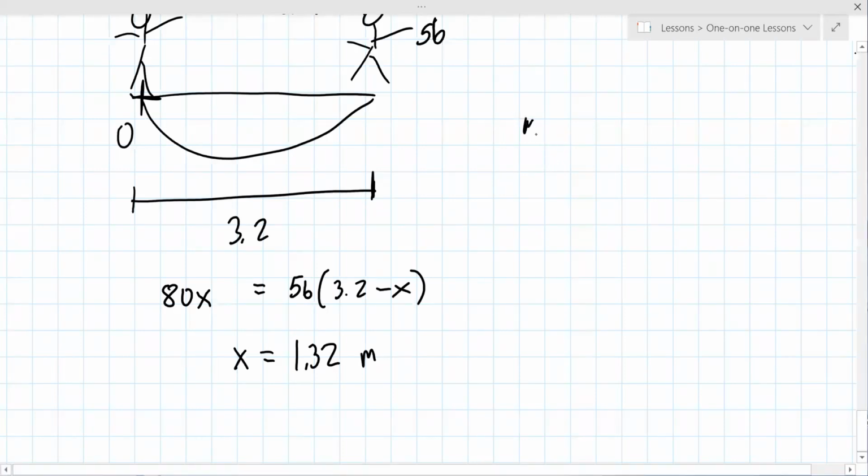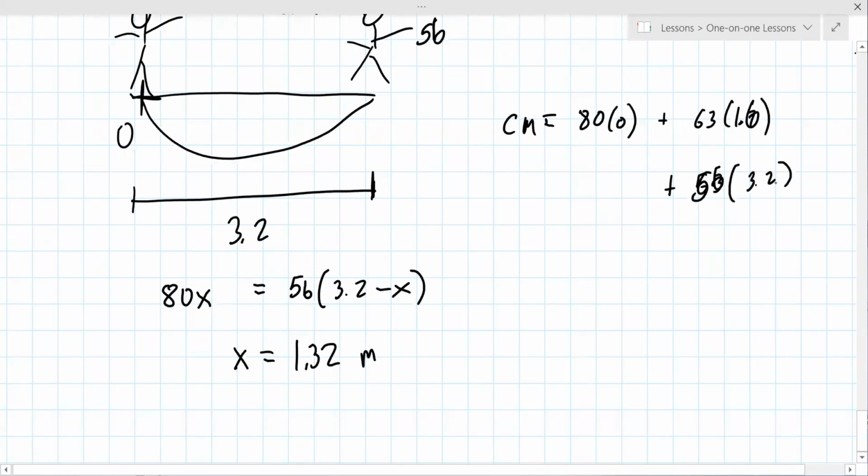The original center of mass is 80 times 0, plus the mass of the boat, 63 times its position, which is 1.6 because it's right in the center, plus the 56 kilogram guy times 3.2, all over 80 plus 63 plus 56.